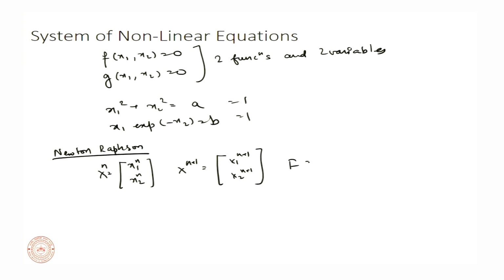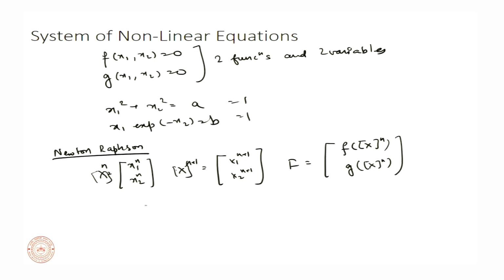Our F matrix will be F for x of n, and G of x of n. These n's are not powers, these are iterations. Please do not consider them as powers. It is not x to the power of n. It is x n, meaning nth iteration or n plus 1th iteration. I am repeating again, these are not powers. You put these values in.